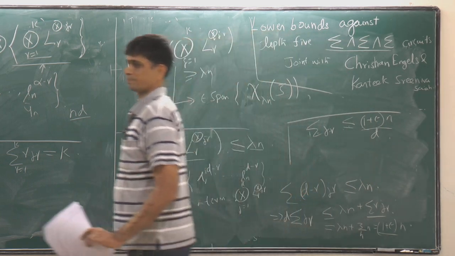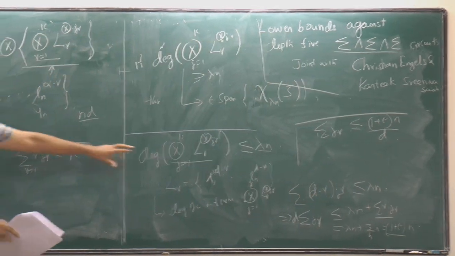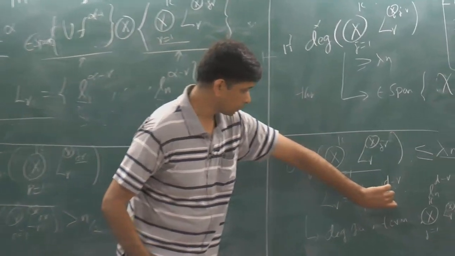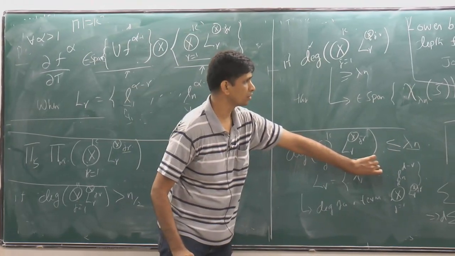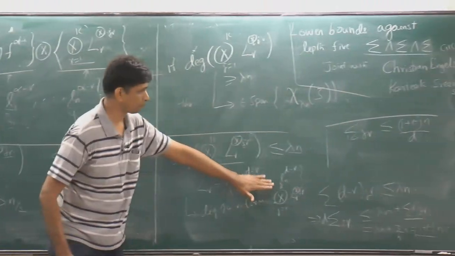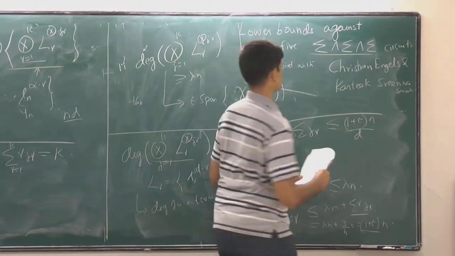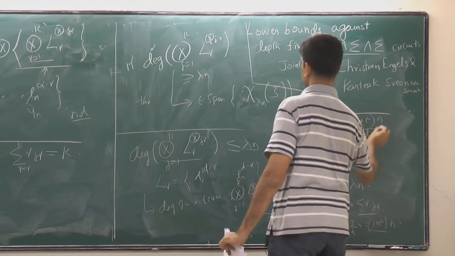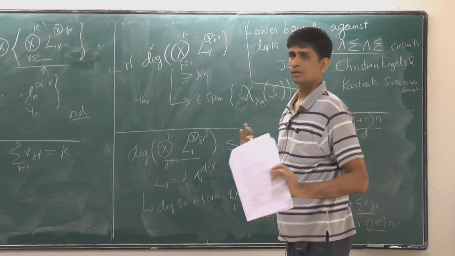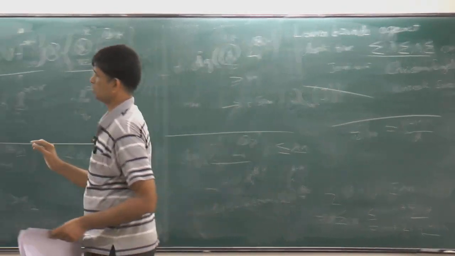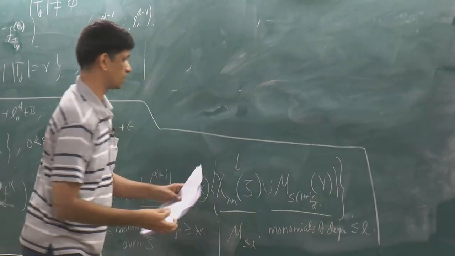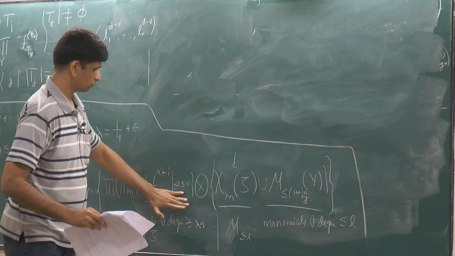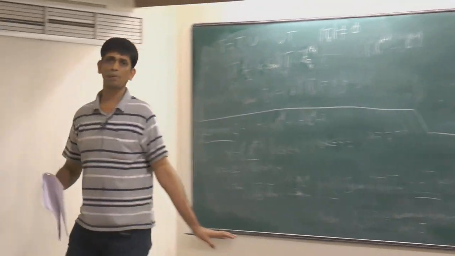In other words, I just need to consider products of this L_i to the d minus r of support at most 1 plus epsilon times n by d. That was the portion here. The other portion, of degree at least lambda n, is the powers of f.